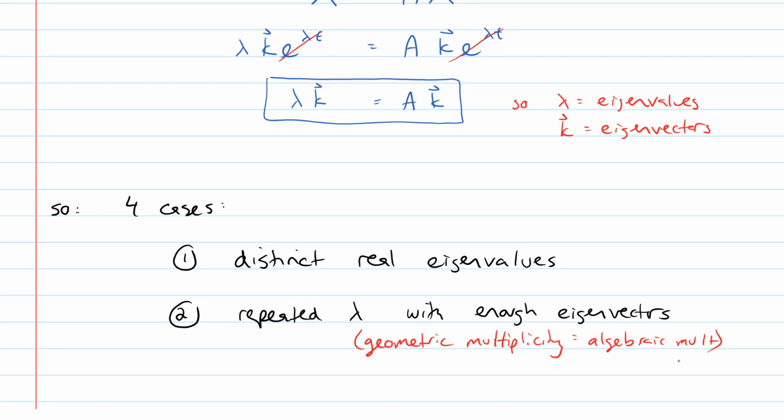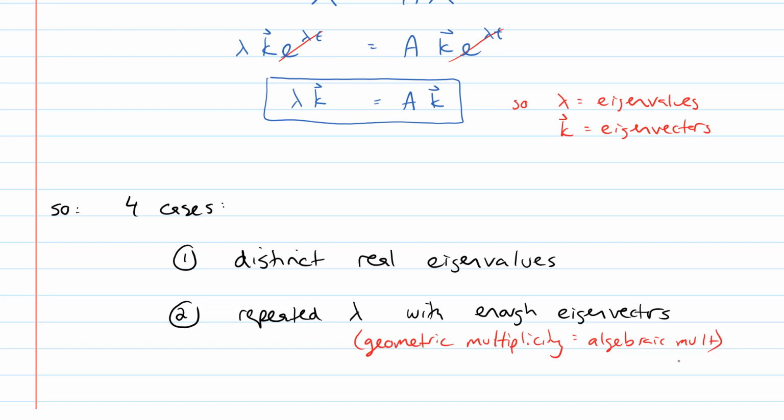So if you have, for example, a 3 by 3 matrix and you find that its eigenvalues are 1 and then 2 and 2, because when you solve, you get lambda minus 2 all squared or something like that, then the 2 essentially appears twice and it's going to have an algebraic multiplicity of 2.